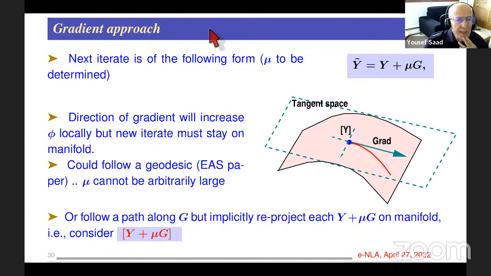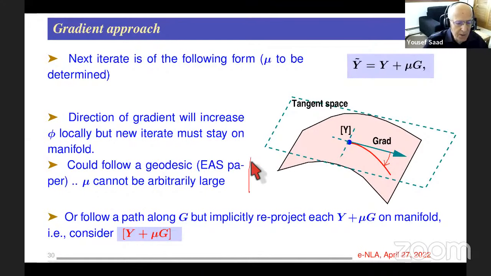So the next point is to do a sort of line search, right? I'm going to get Y, and I'm going to go in the direction of G, adding mu G to it. So if I represent my manifold like this, I'm going to go in this direction, but this is not what I want. I want to project it back in here. So I'm going to do some sort of retraction, right?